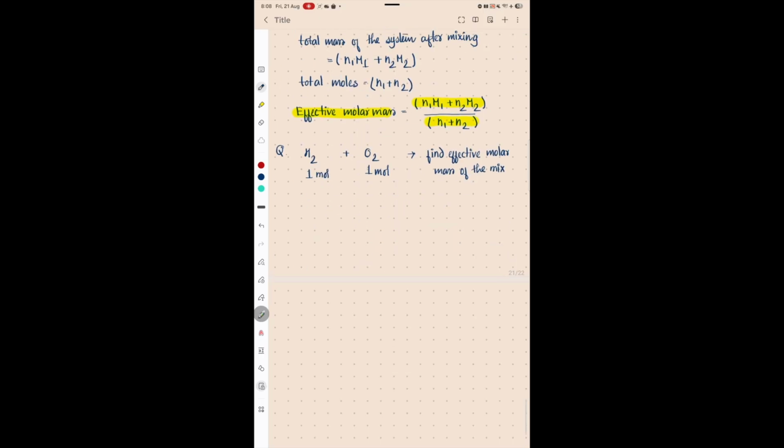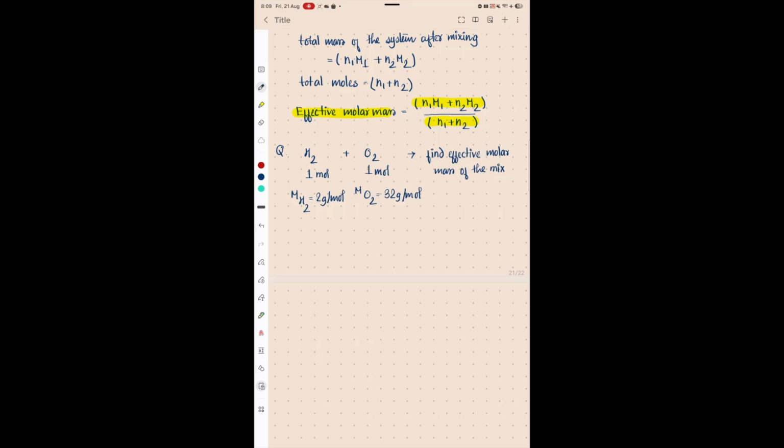So how will we do that? So we know that molar mass of hydrogen is what? 2 gram per mole, right? And molar mass of oxygen is 32 gram per mole, right? So given that, can you solve this? Give it a try and pause the video and see you after you solve it.